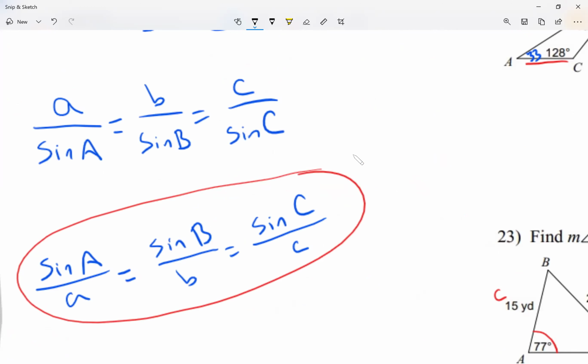Even though the homework might say law of cosines, I'm going to use the law of sines every time I know one of my fractions. What do I need to know one of my fractions?